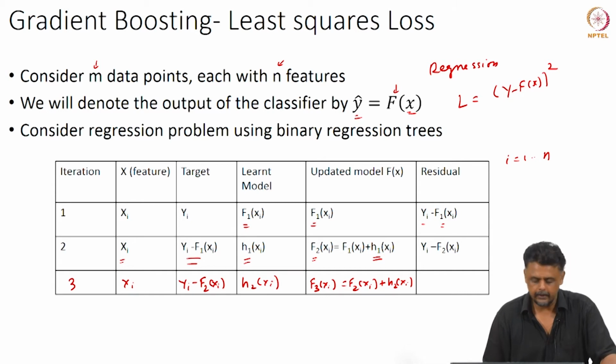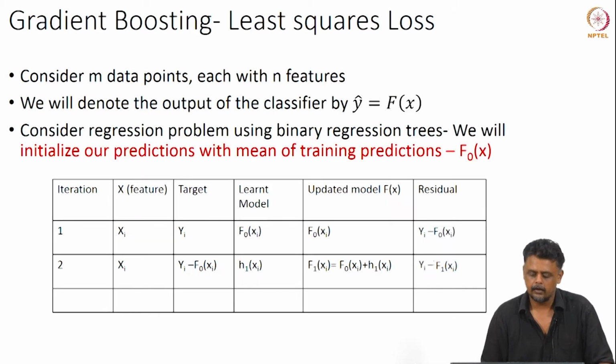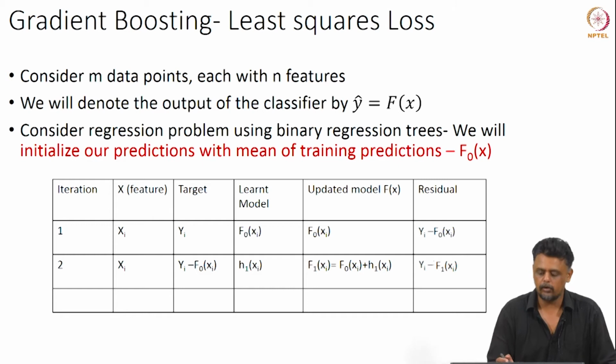Just to bring it in line with how it is usually treated in literature, instead of training the first iteration using a binary regression tree, we will initialize the model by considering the mean of the prediction.